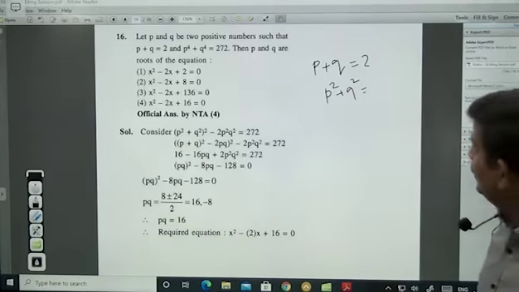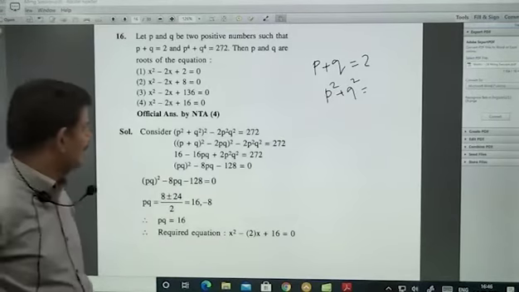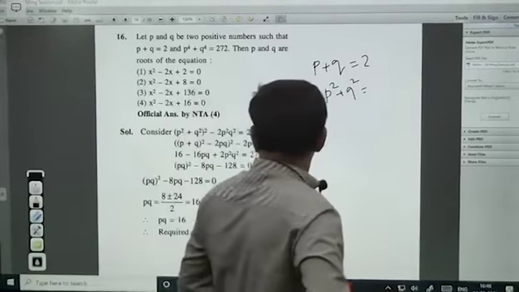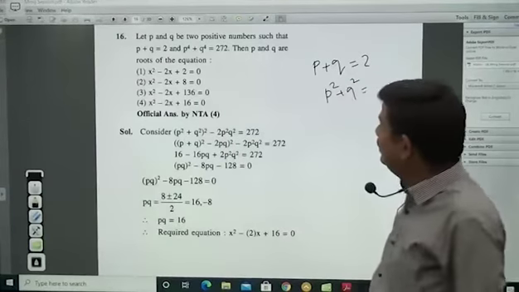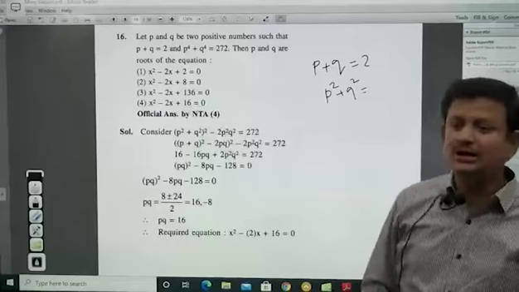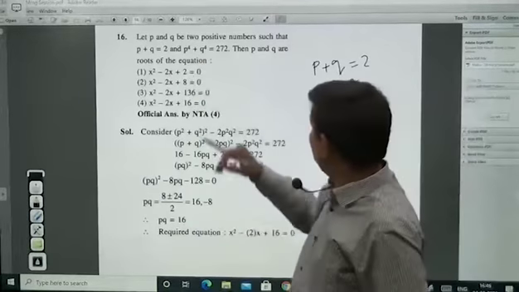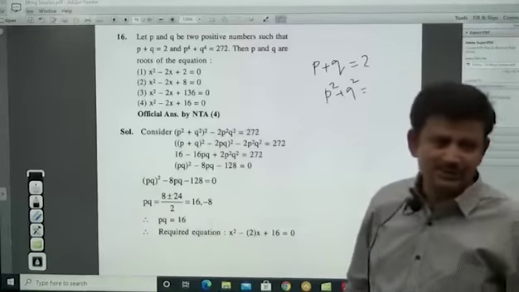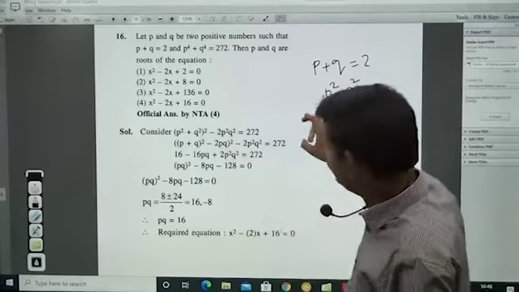Okay, none of them will satisfy. None of them will satisfy. Official answer is 4. Discriminant is what? Negative. Roots are imaginary. He says P and Q are positive numbers. Impossible. If you have written this paper, claim for bonus.